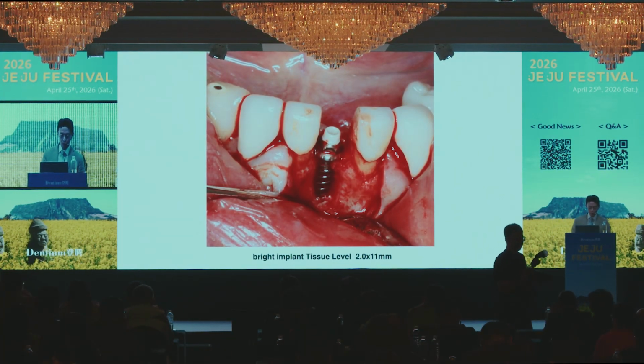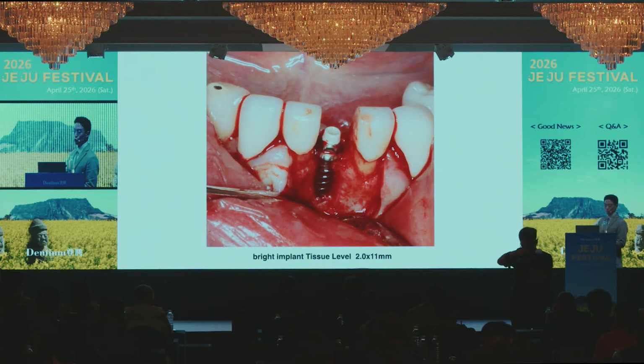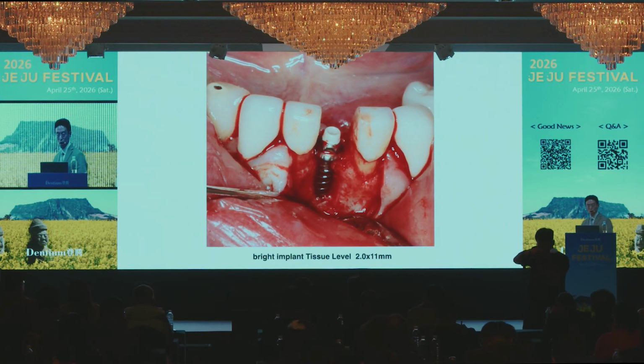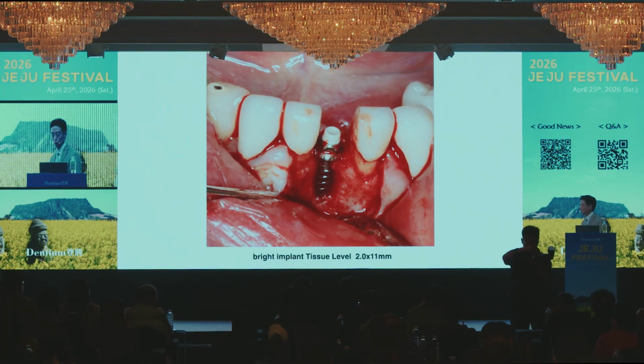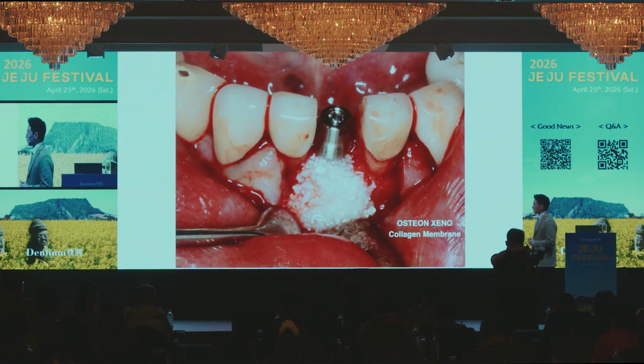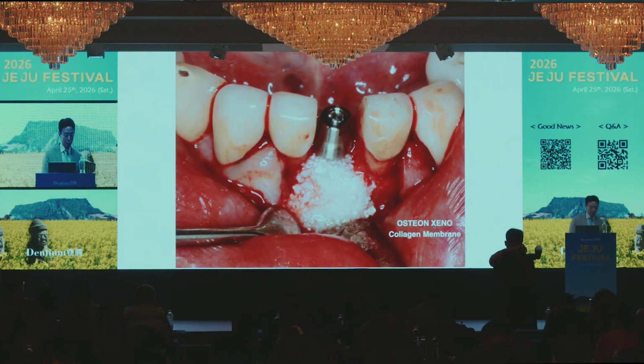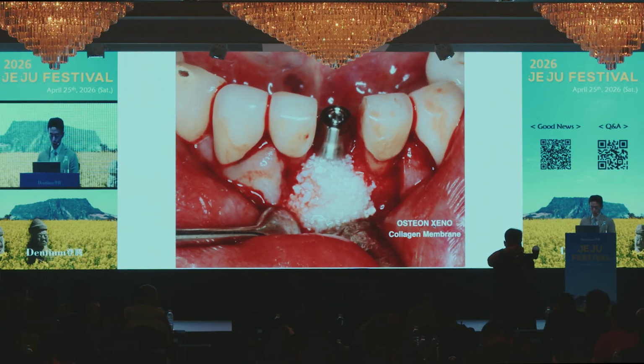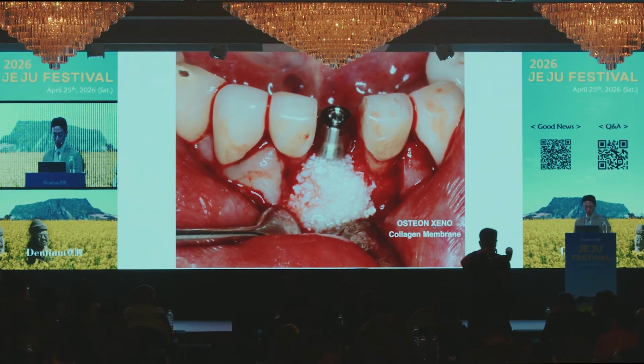In this case, the ridge was extremely thin, so even though I used a 2 millimeter implant fixture, a large portion of the fixture was exposed. I performed labial bone grafting using Osteon Xeno. I used large particle Osteon Xeno.